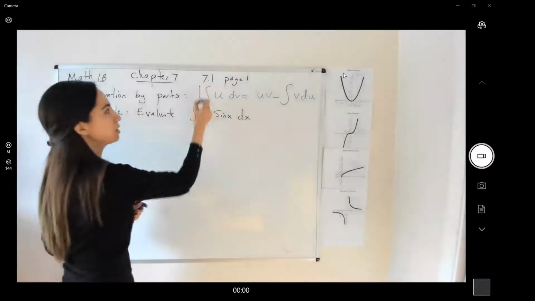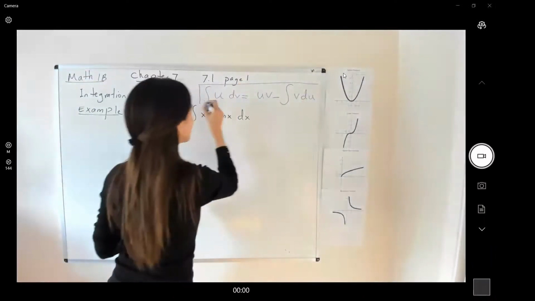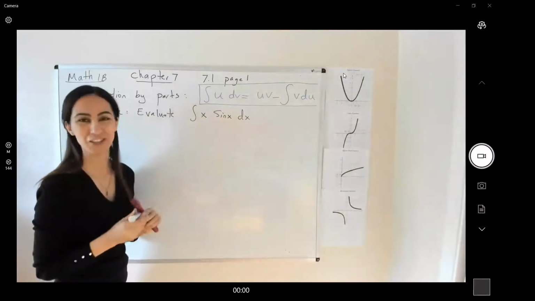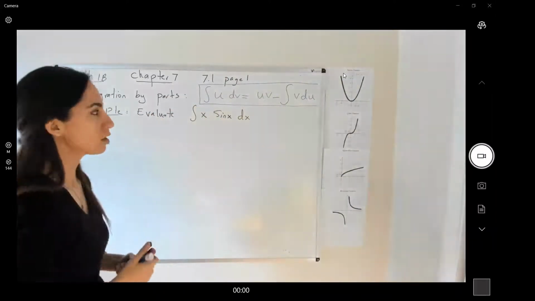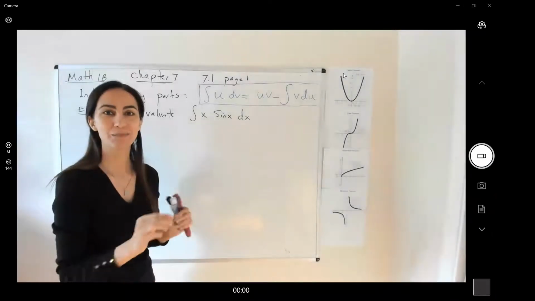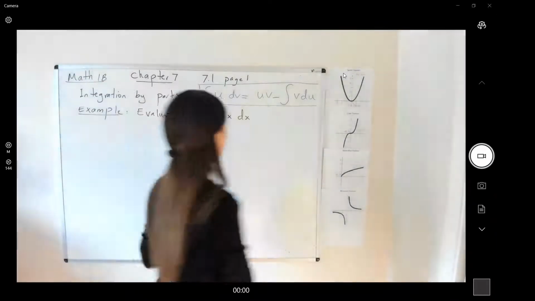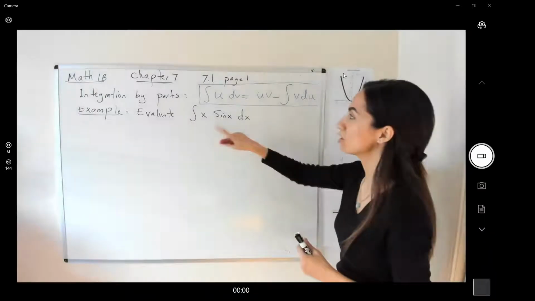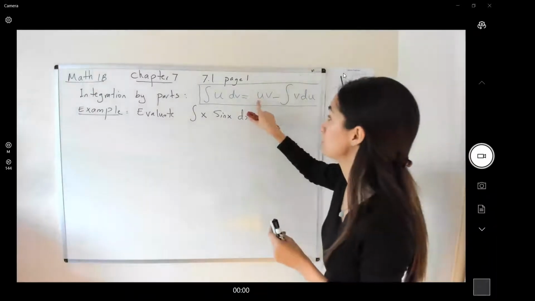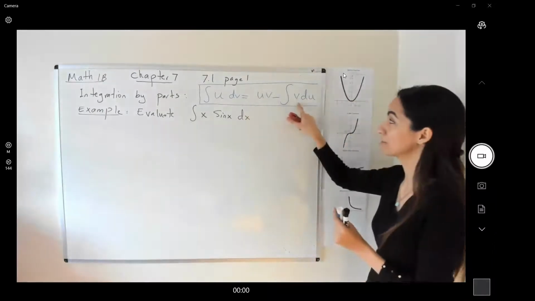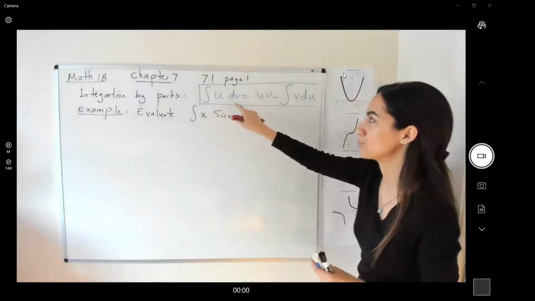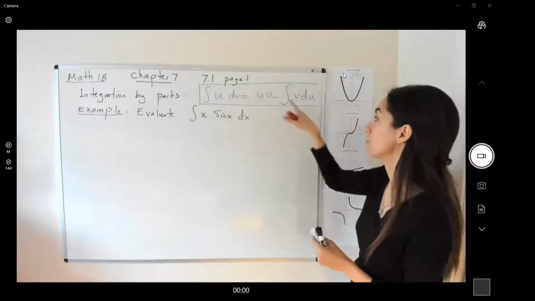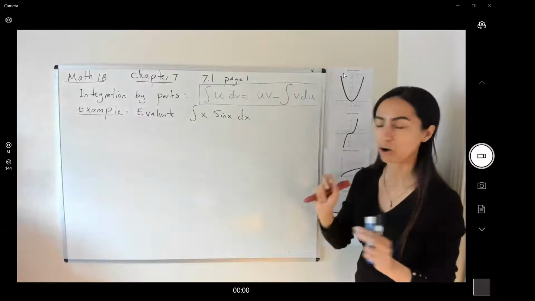Integration by parts is the formula that we're going to follow to evaluate this integral. I suggest you form a small table. It's easier to track the integrals and derivatives, since you have u times v and v du. It means that you need to find the integral of dv and eventually find the derivative of u.